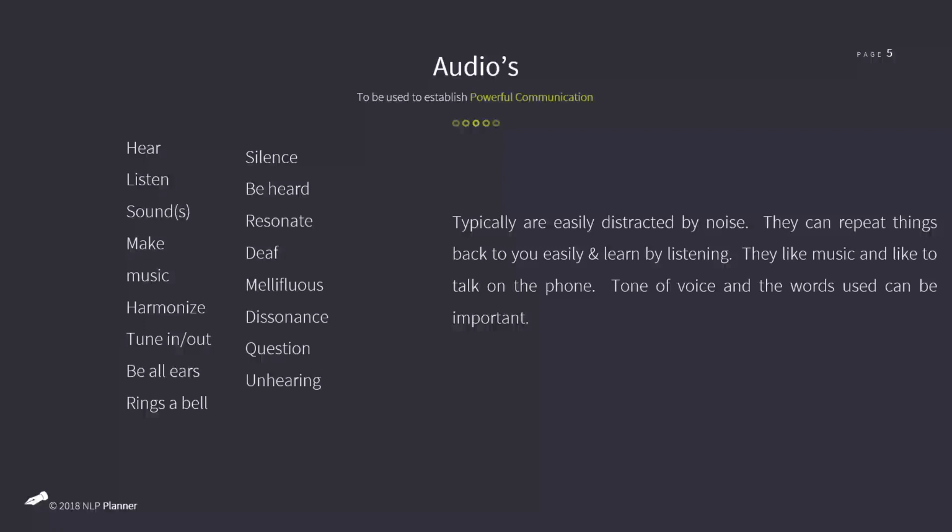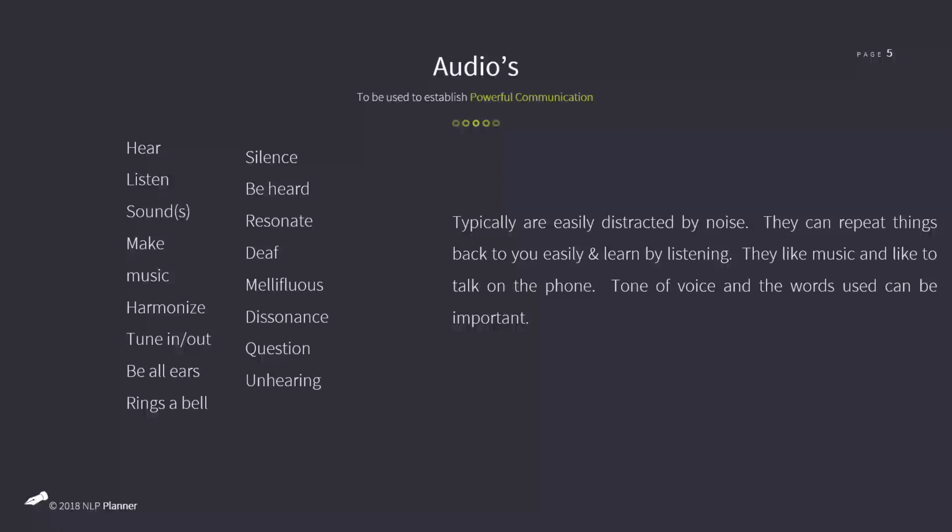So if you're talking to someone and while he's talking, he constantly says, well, I hear you, go on, carry on, I'm listening to you. Or, well, this sounds interesting, right? It doesn't make some sense. Oh, wow, this is music to my ears. Well, let's all harmonize, okay? Well, I saw him just tuning in, tuning out.